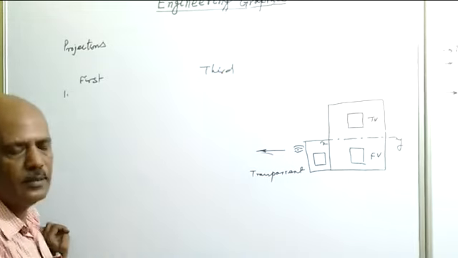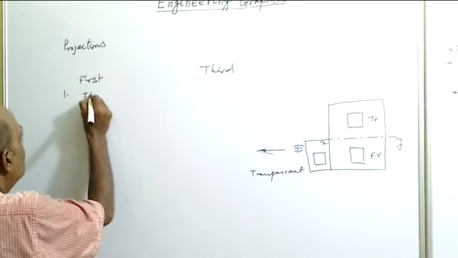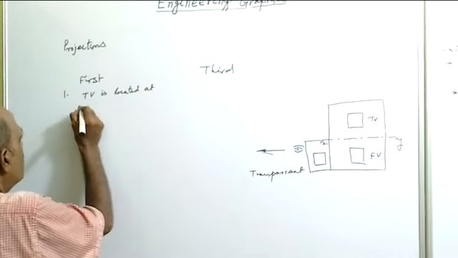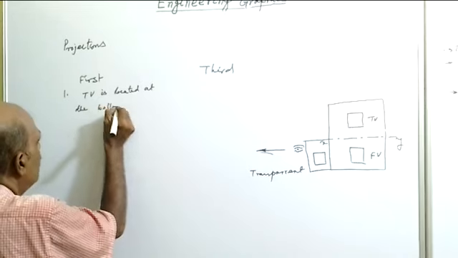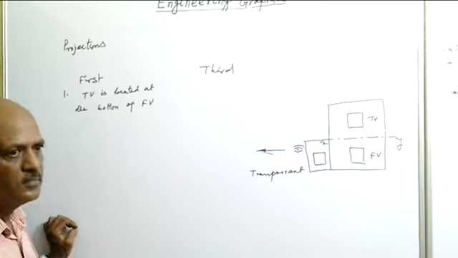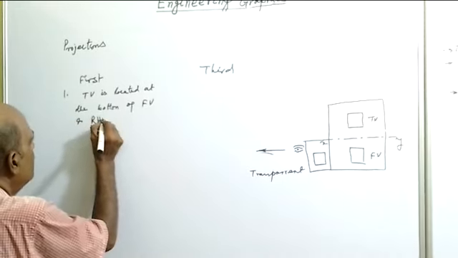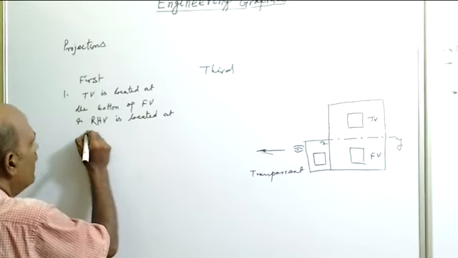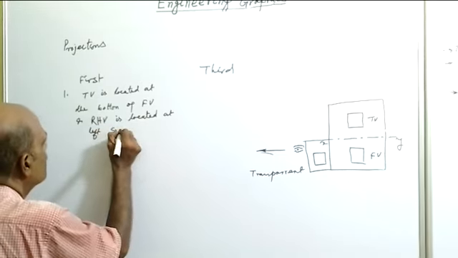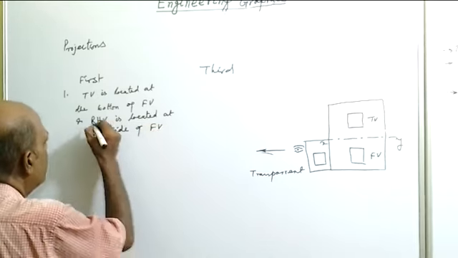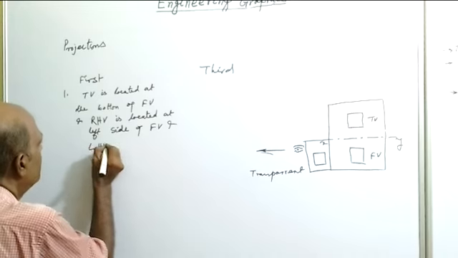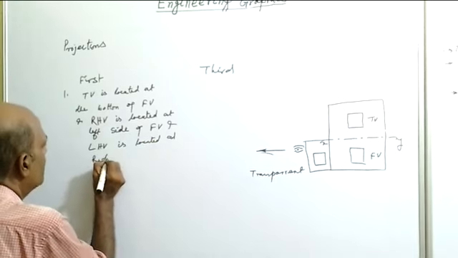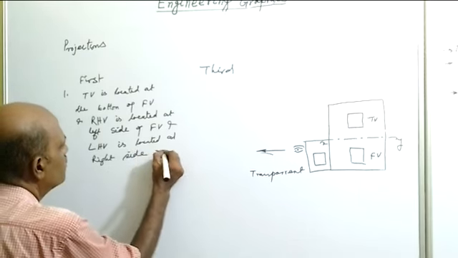In first angle projection, the top view is located at the bottom of the front view, and the right hand side view is located at the left side of the front view, and the left hand side view is located at the right side of the front view.